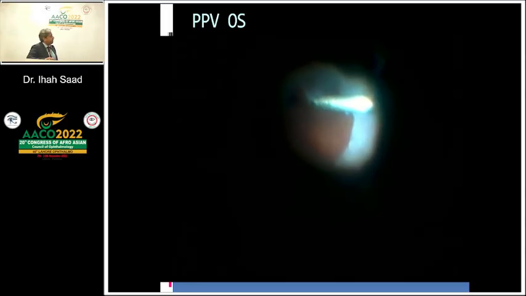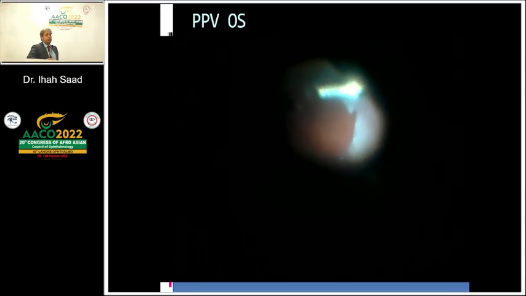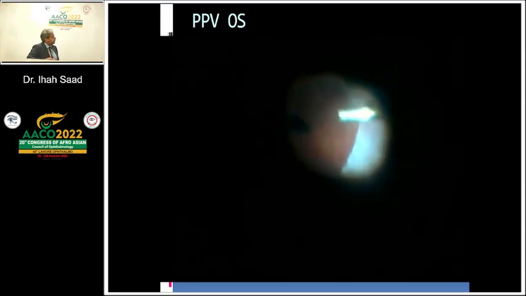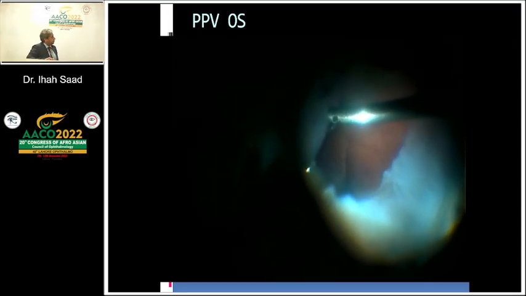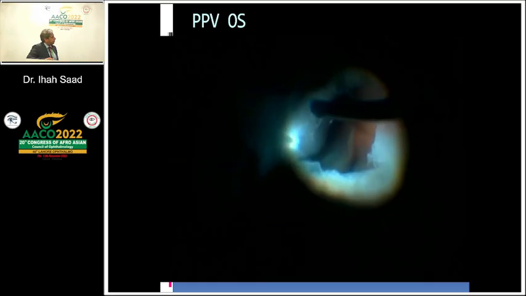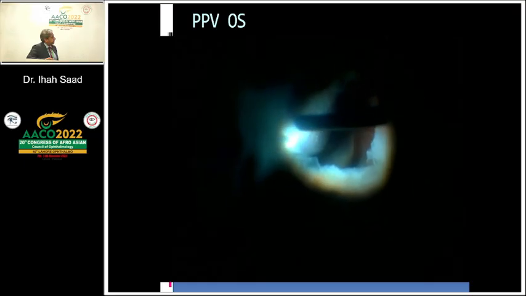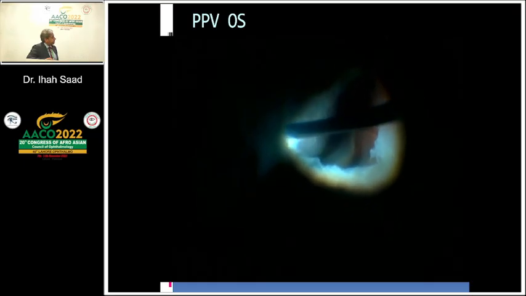So in tractional detachment, we're very careful not to induce a retinal break. And we try always to remove the fibrous tissue from the underlying retina carefully and slowly.